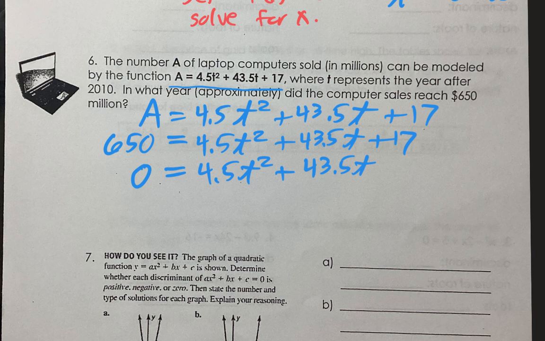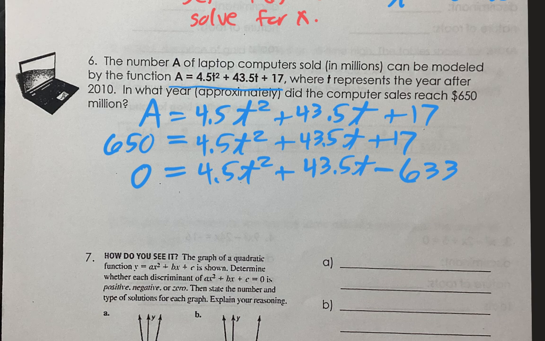And in this case, it's going to be minus 633. So again, go out to your yellow calculator, your TI calculator, or to Desmos and graph that. Okay, graph it and see where your x-intercepts are, and that should tell you the number of years.